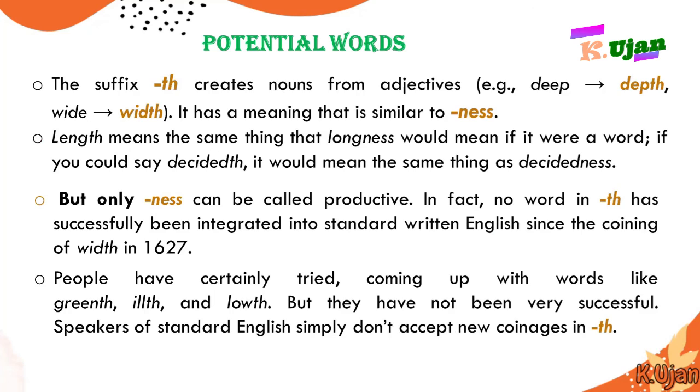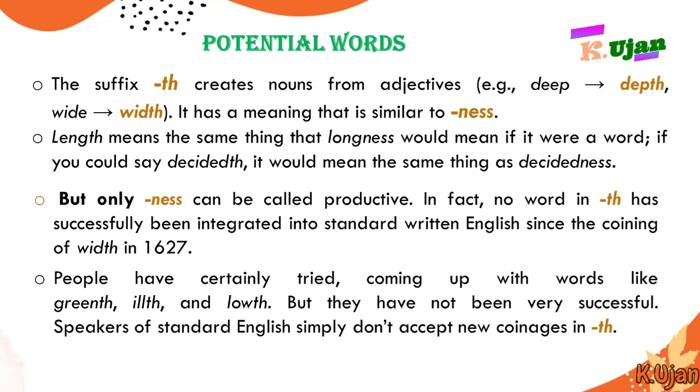Speakers of standard English simply don't accept new coinages in -th. So -ness is a potential word. There is morphological productivity in this suffix. It is productive. However, -th, according to this text, is not productive because it is rarely used.